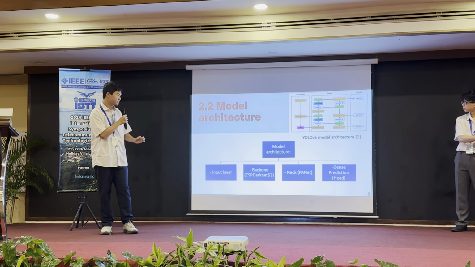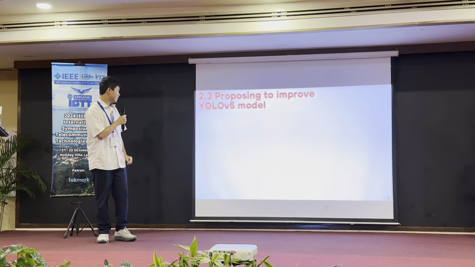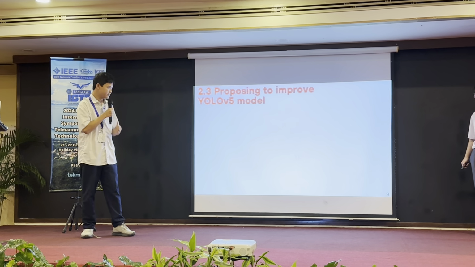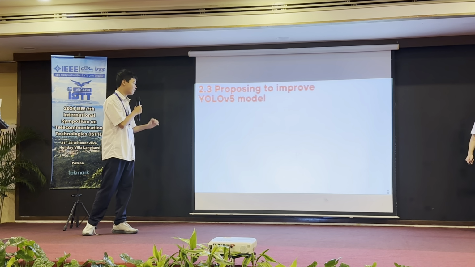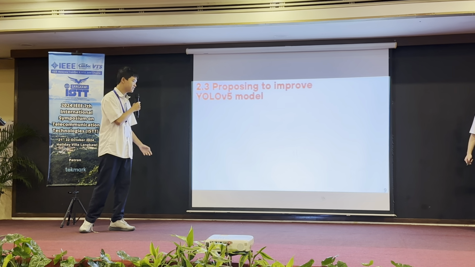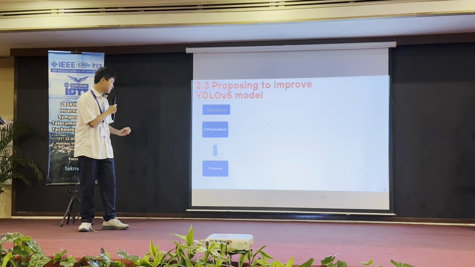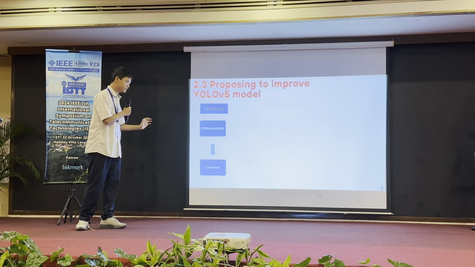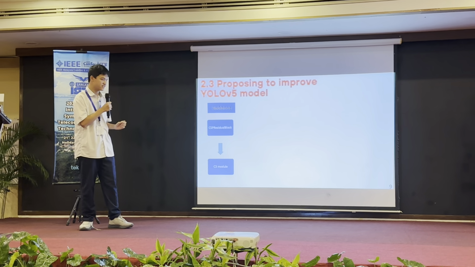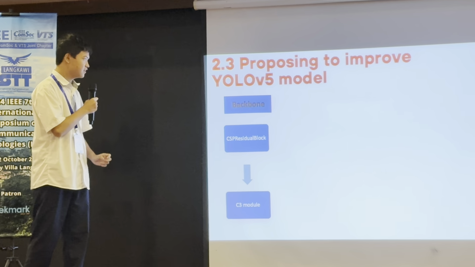So we next go to the next part, how our team improved the YOLOv5 model. In the backbone, we changed the CSP residual block to a C3 module, which increases the accuracy and performance of this block.